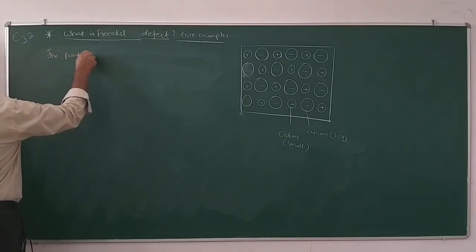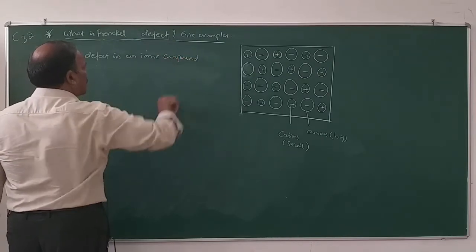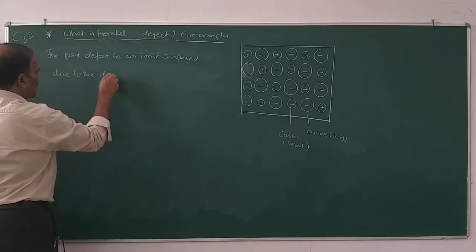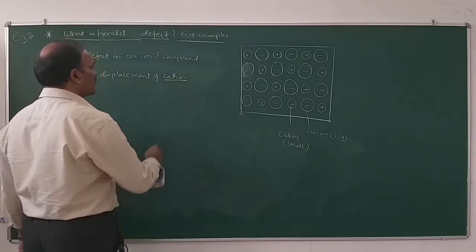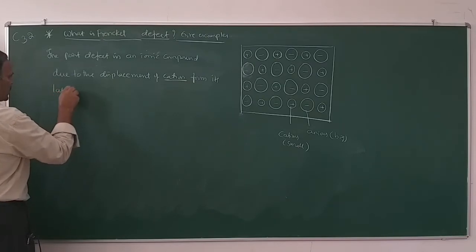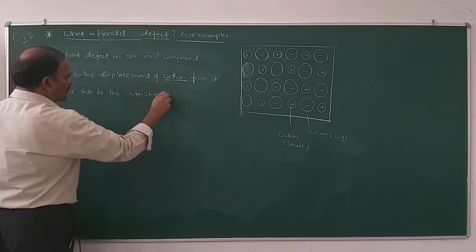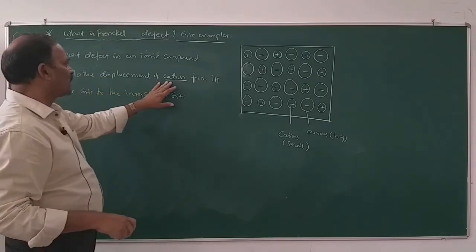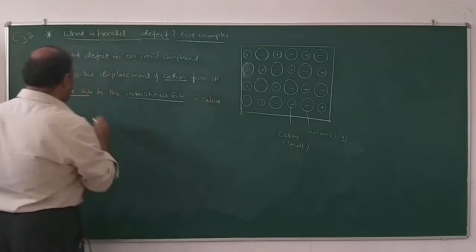The point defect in an ionic compound due to the displacement of cation, this is very important, from its lattice site to the interstitial site is called Frenkel defect.